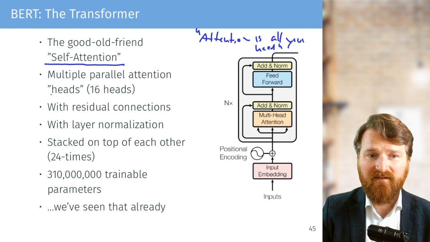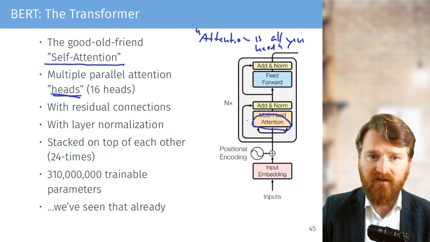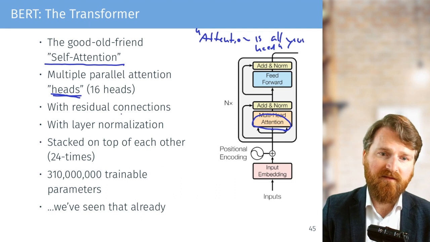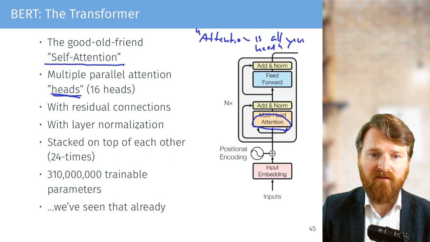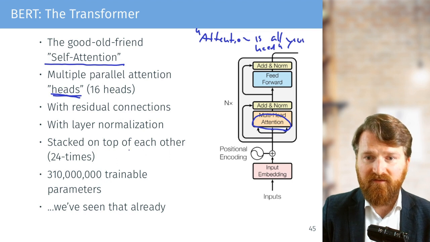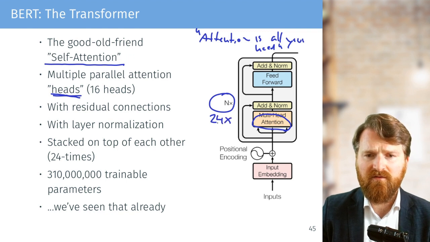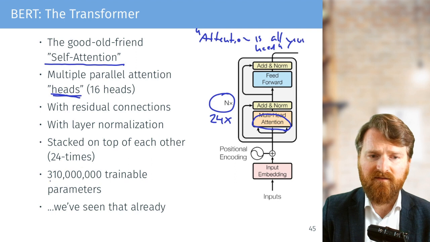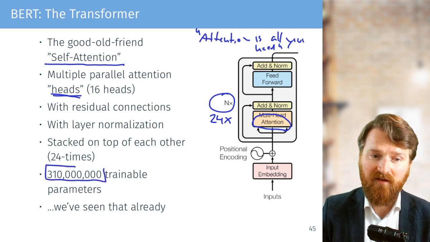But we have these heads, so these are attention heads in parallel, and there are 16 of them, so quite a lot. We have this residual connection, so we just use attention and add the latent matrix. We have layer normalization, and we stack these things on top of each other 24 times. So it's a huge network, which has very many trainable parameters.